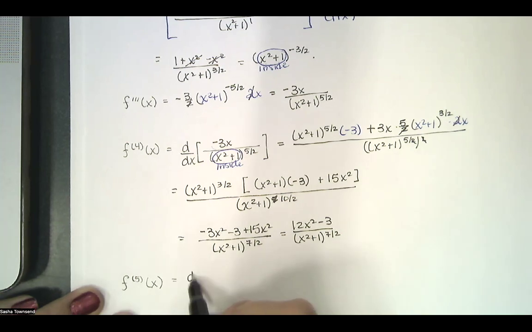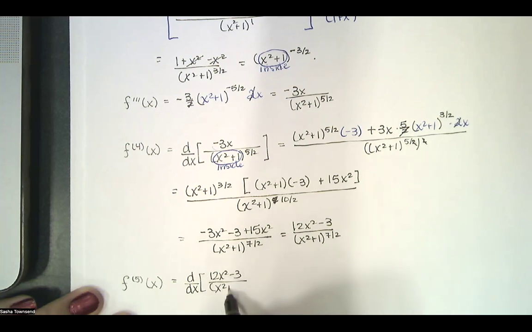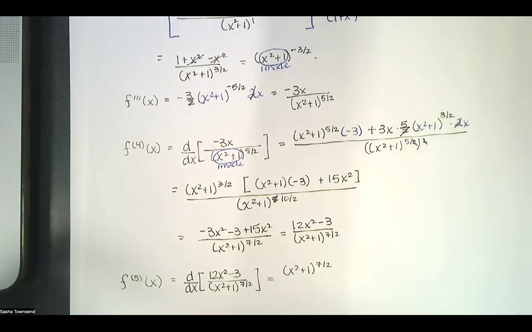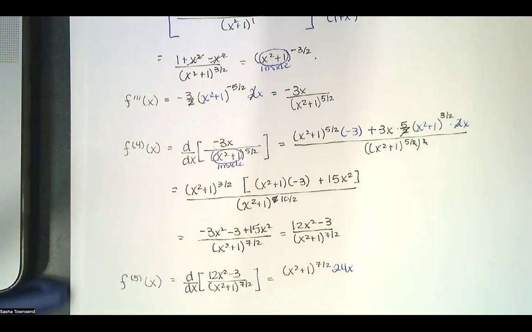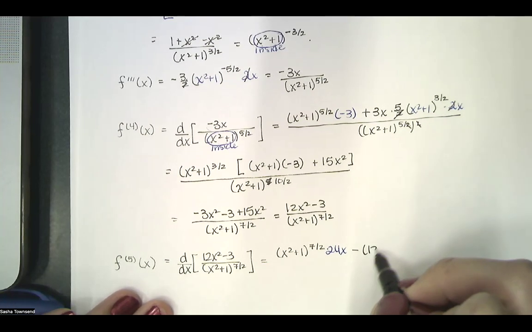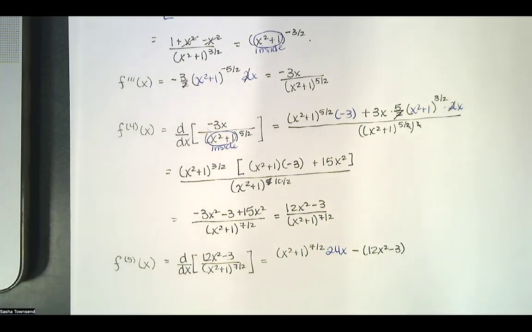So we'll take the derivative with respect to x of the quotient again. So low d high. The derivative of the top function is 24x, minus high, below requires the chain rule.